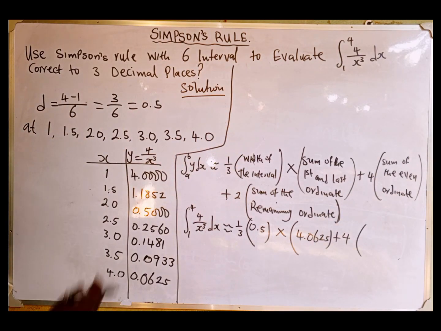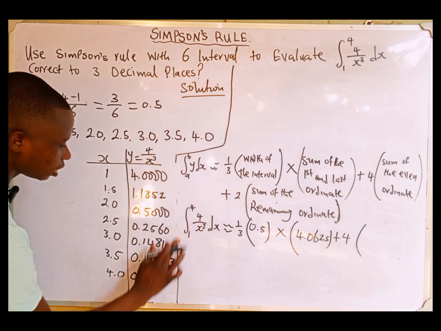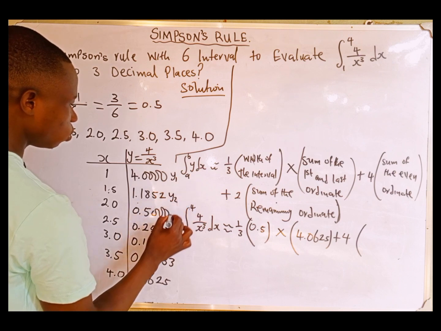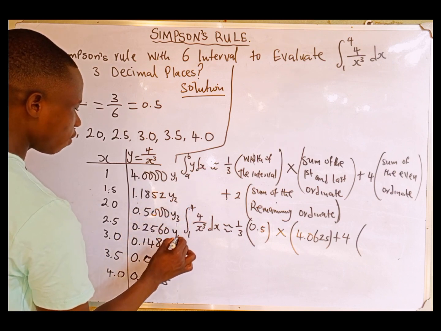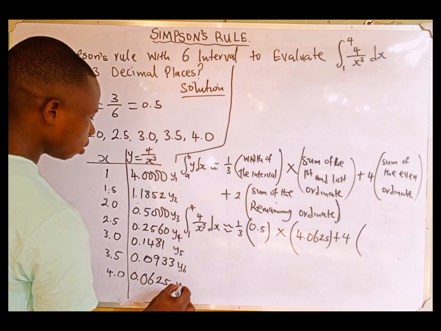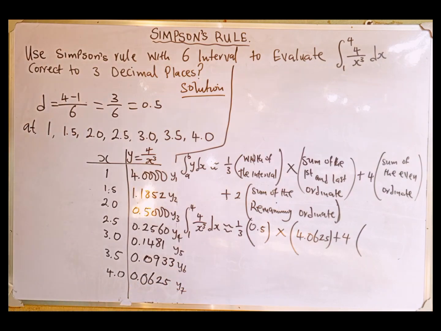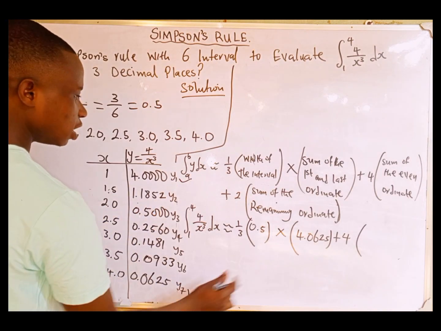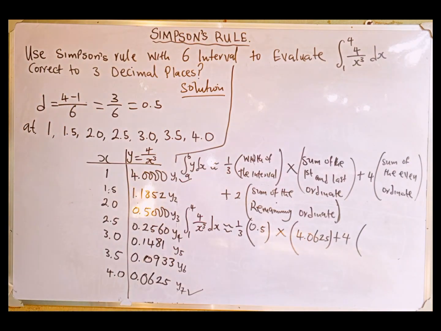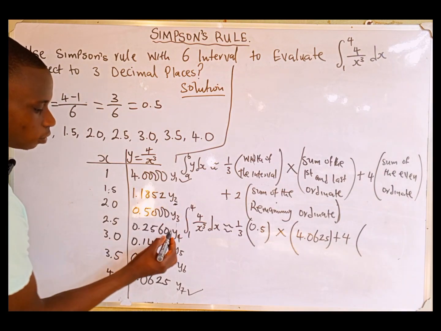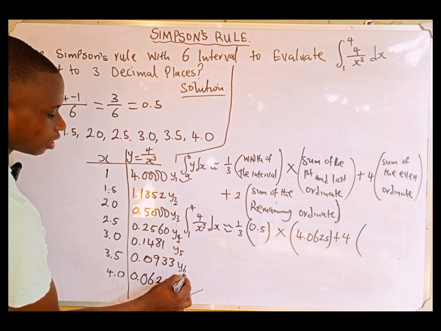How are we going to know the even ordinates? To know them, we name all these ordinates: y1, y2, y3, y4, y5, y6, and then y7. Remember we have picked the first ordinate and the last ordinate to get 4.0625. Now the even ordinates: this is y2. 2 is even, 4 is even, and 6 is even.